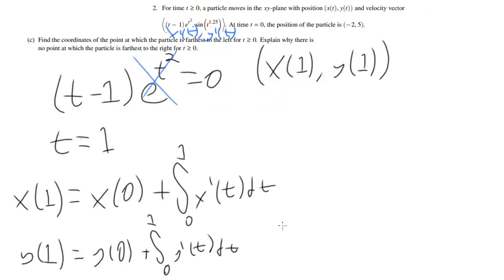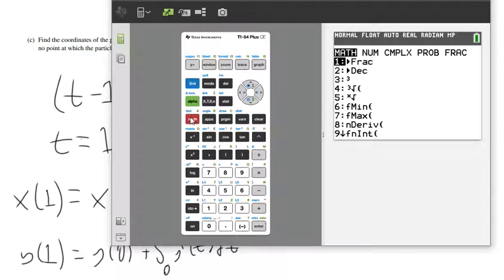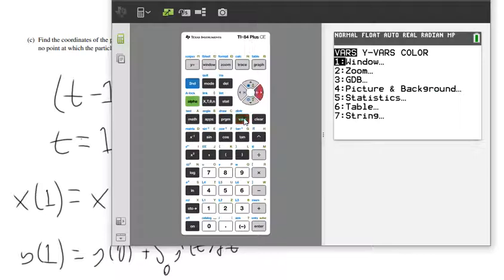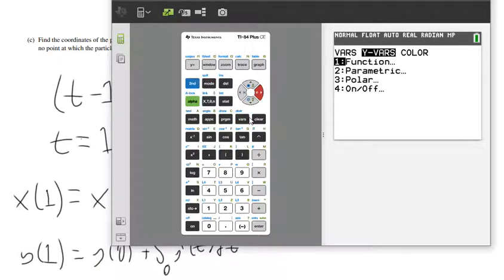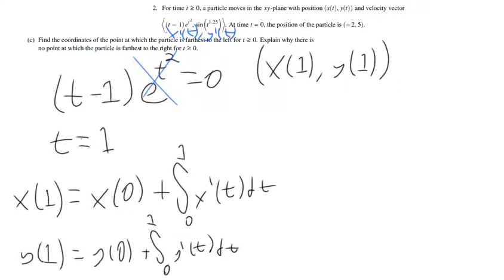So to get x of 1, we're going to take x of 0, which was negative 2, and we're going to add the integral from 0 to 1 of x prime of t, which I've already stored in my x sub 1 of t. Oh, that's not where I wanted to go. Let's try that again. I want to go into parametric, put in my x1 of t. So this is going to be negative 2.603.